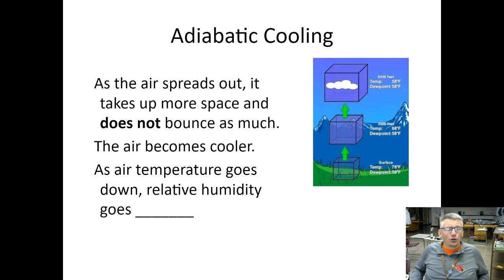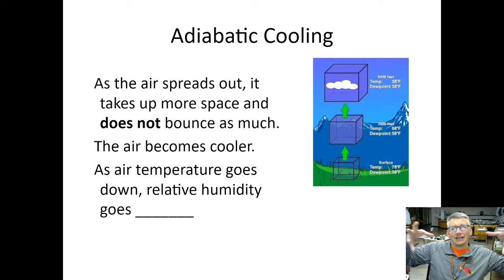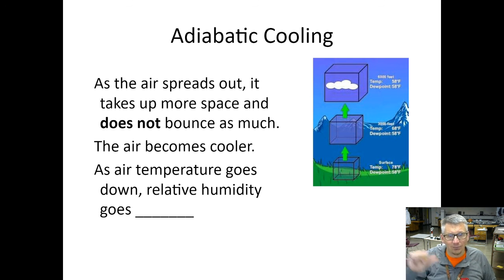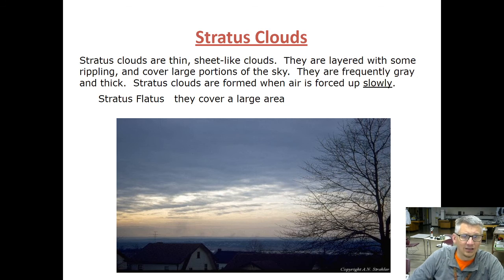Adiabatic cooling is what we talked about when we talked about the layers of the atmosphere: when air goes up, it takes up a larger area, and as it expands, it cools down. So the temperature goes down, relative humidity goes up, and we get ourselves a cloud.